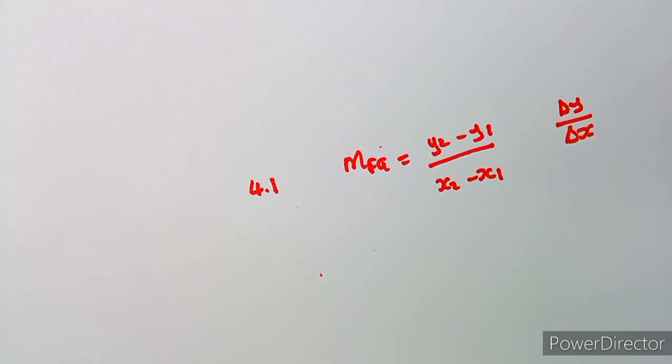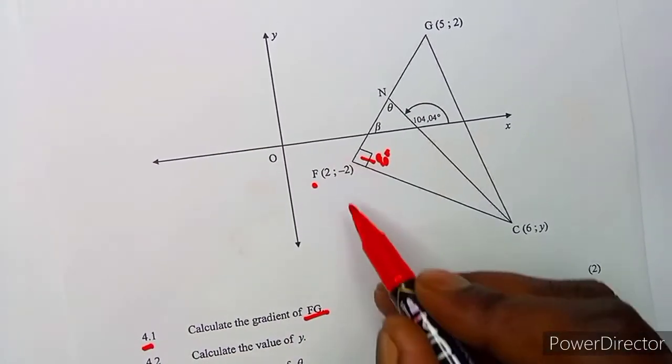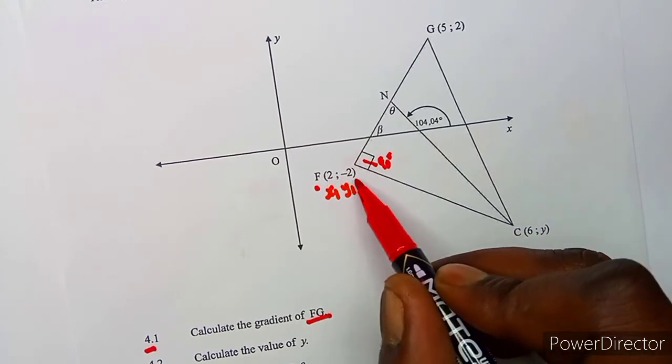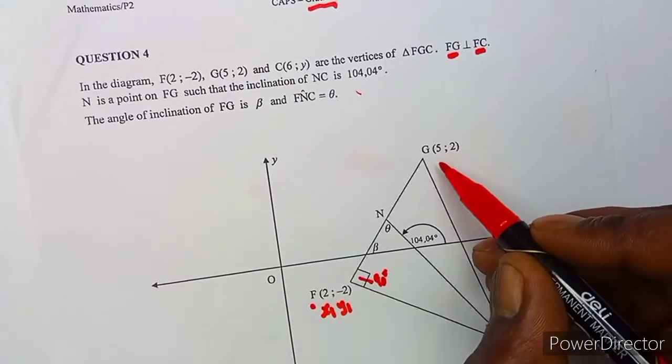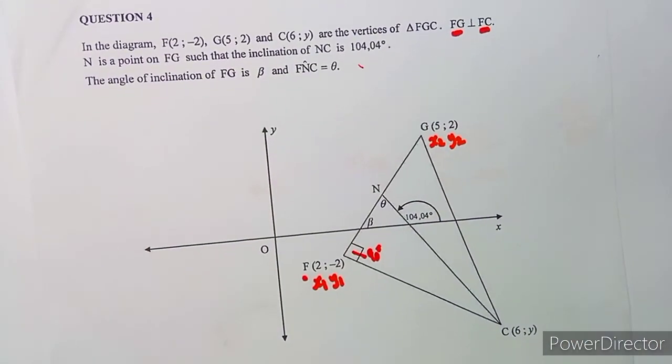Always remember, y is on top, not x. So from FG, this is your x1, y1, and G is your x2, y2. Just name your points.